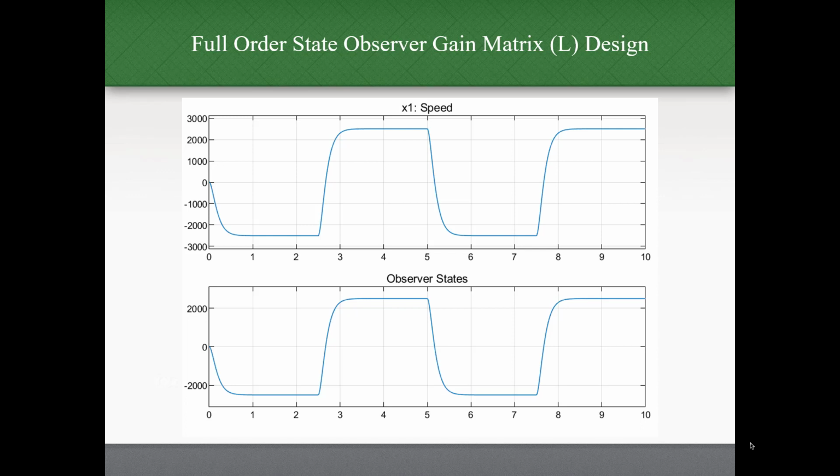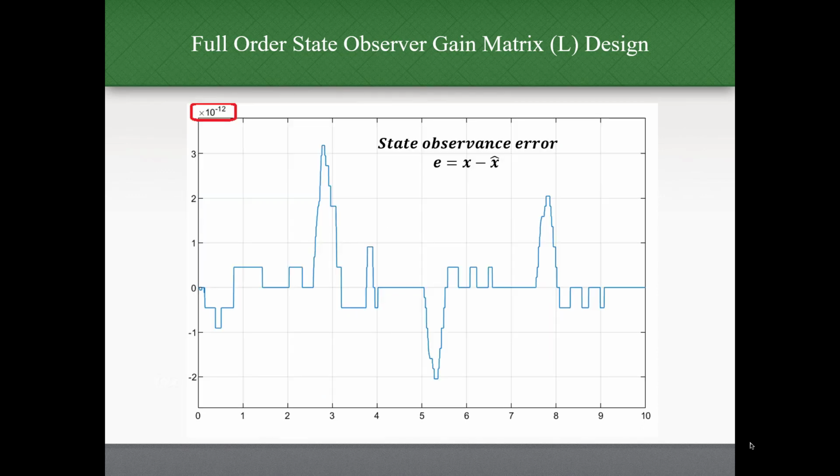Here you can see that our observer works perfectly, and the difference between the real state and the estimate is such a little, ignorable, negligible value of 10 to the power of minus 12.